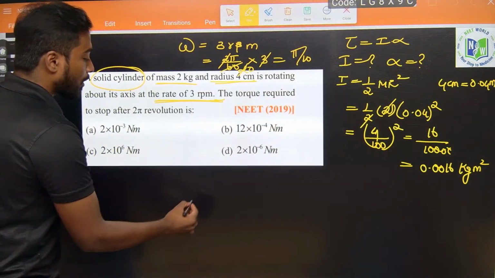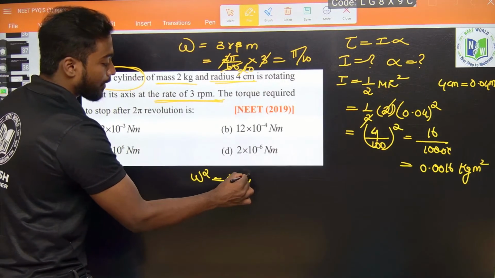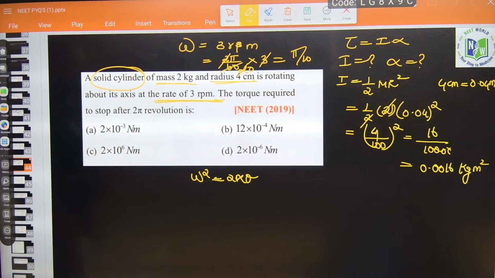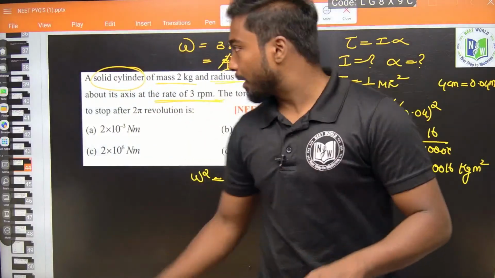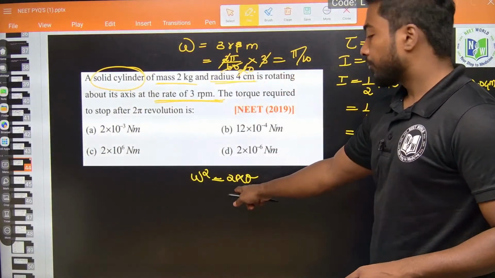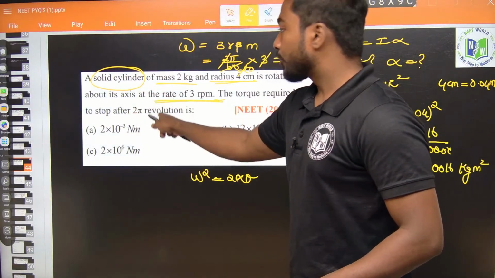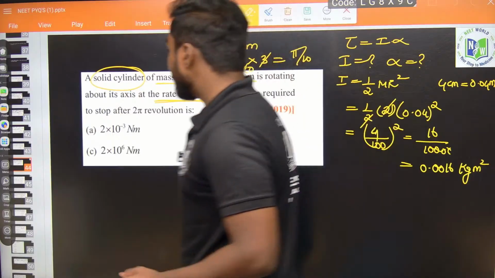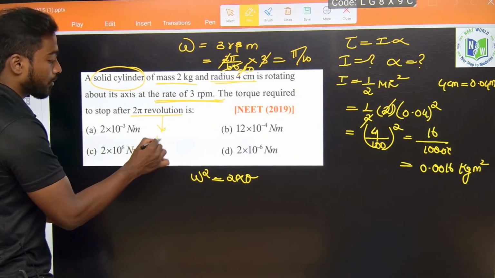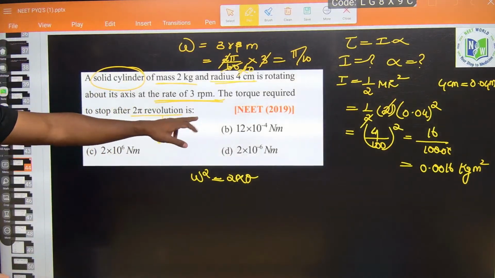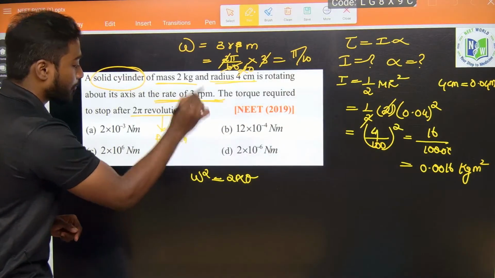And one more thing, omega square equals 2 alpha theta, right? So this is the relation between alpha and omega. We know omega, and they have given alpha, I need to find it. Theta is what they said, 2 pi revolution, so theta equals 2 pi.